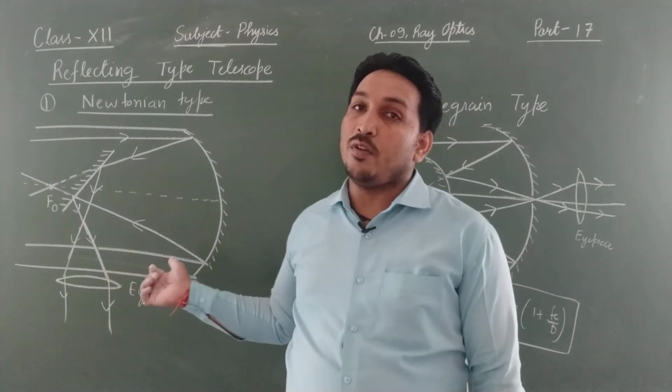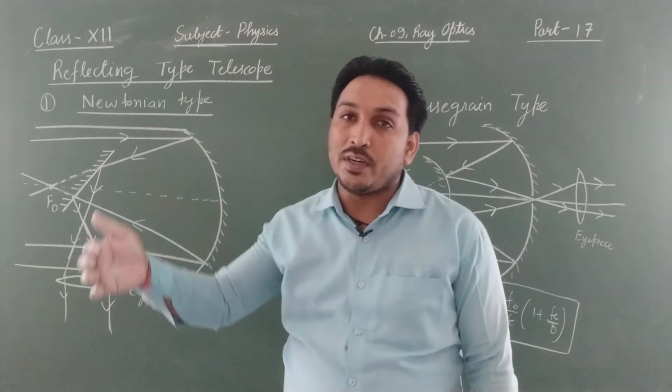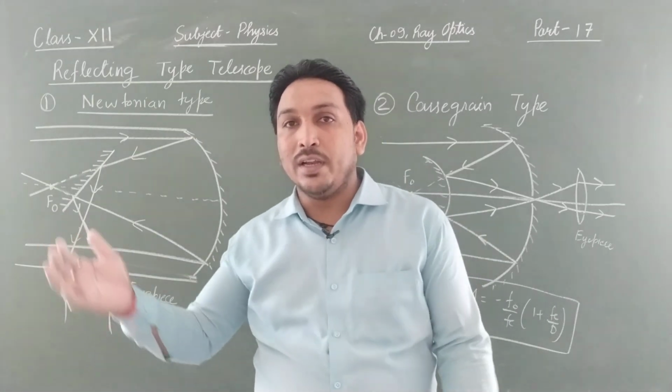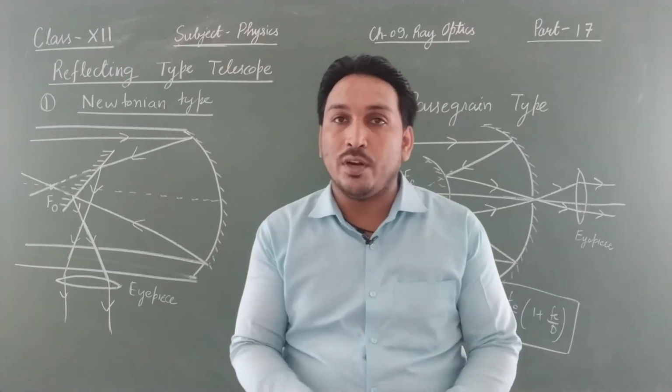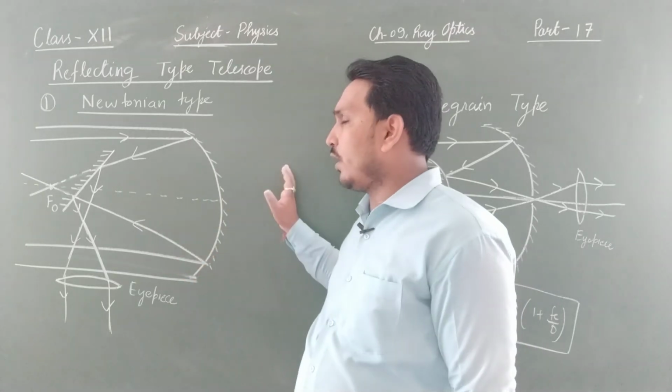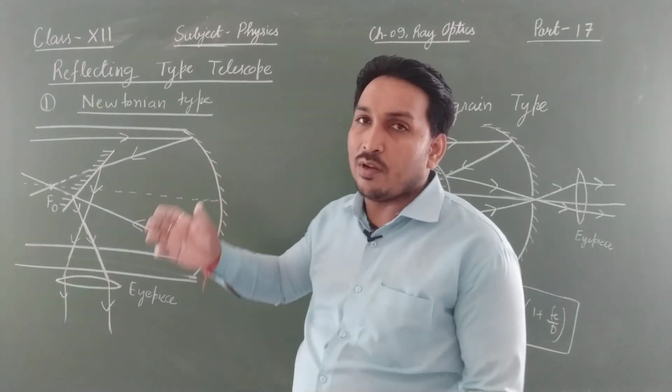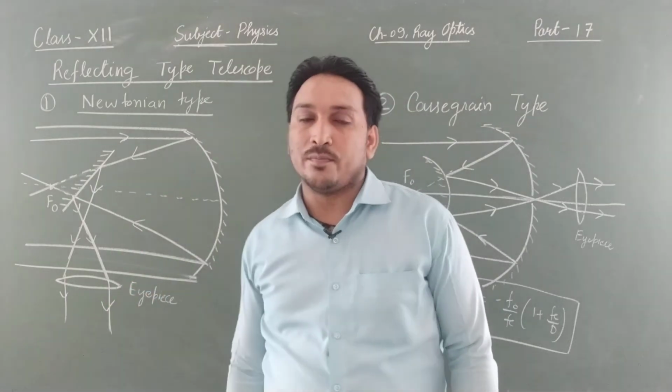But for a concave mirror, we can take different parts of the mirror and combine them to form a big concave mirror. A lens has to be in one part only.